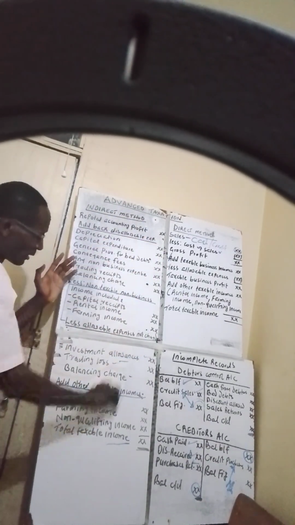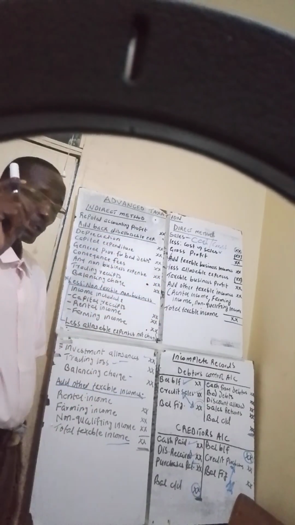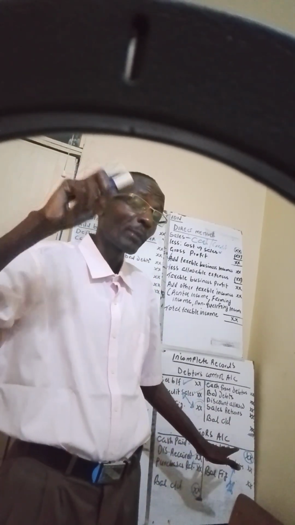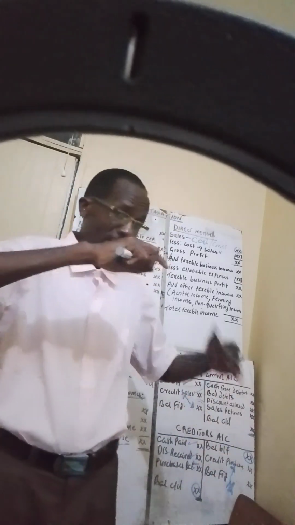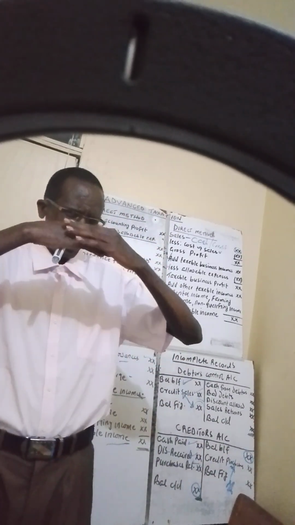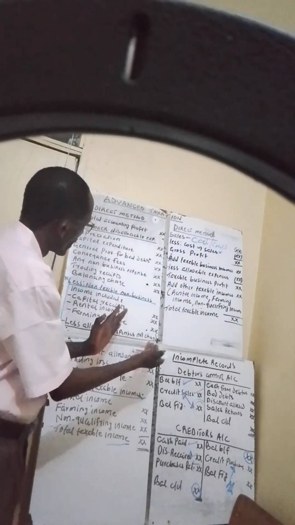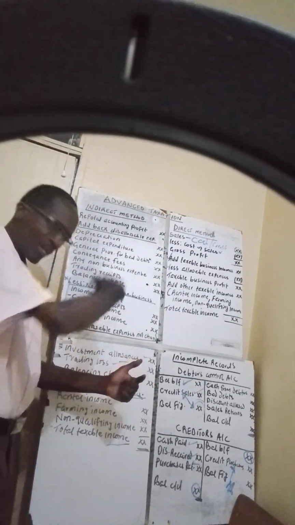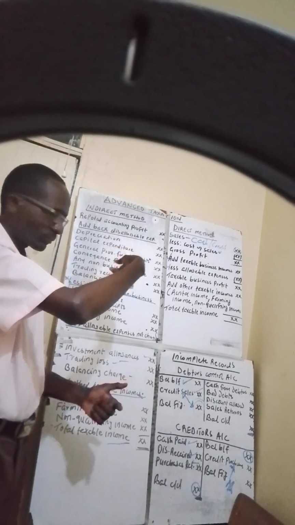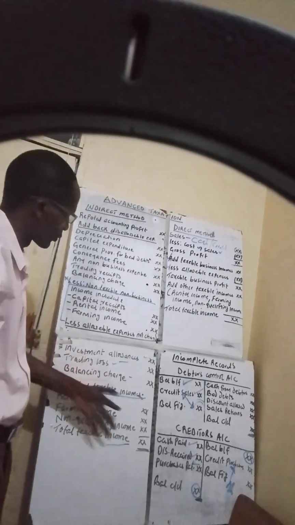Because with the indirect method, you are dealing with that profit or loss which was prepared by the accountant. The accountant deducted all the incomes and then he deducted all the expenses. So we are saying with our reported profit and mark disallowable expenses. And then the process continues.